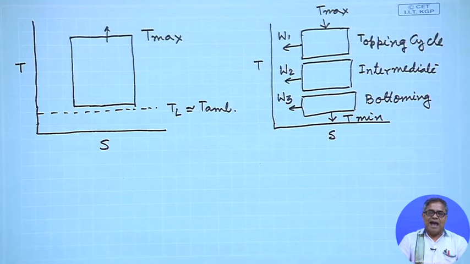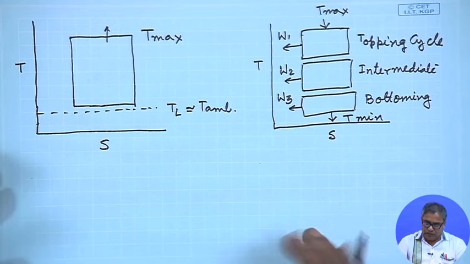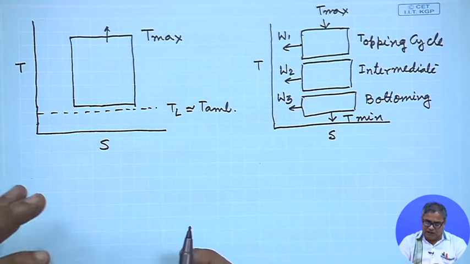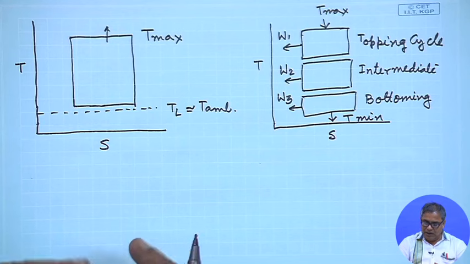So, this is the arrangement. If we can do this, then we are coming close to a cycle combining all these things, which is having a very large T max and low T min. And at the same time, the practical difficulty of having a single cycle which will operate from T max to T min, that we have avoided.